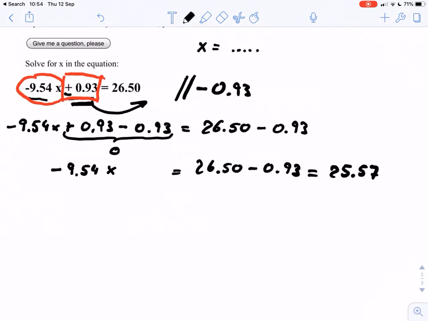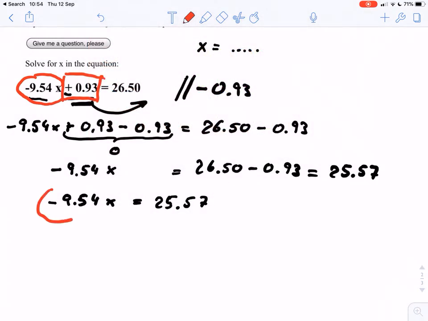So now we have minus 9.54x equals 25.57.